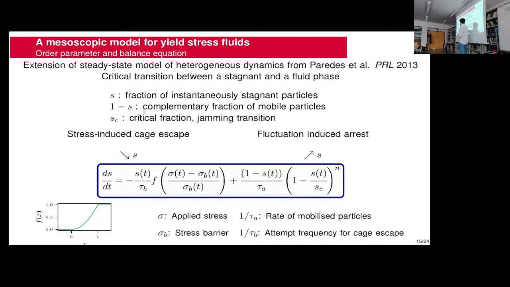That is a function of how much stress you apply on your system and the distance between this stress and some barrier stress, that is the resistance of your yield stress fluids to cage escape. And you have the fluctuation induced arrest that depends on an exponent that is characteristic of the heterogeneous dynamics in your systems. So that's the main equation of the model.